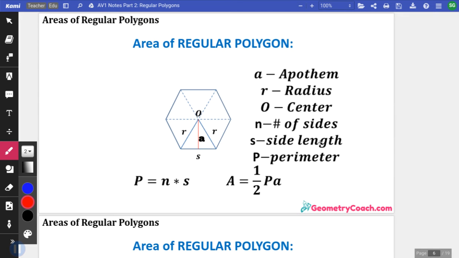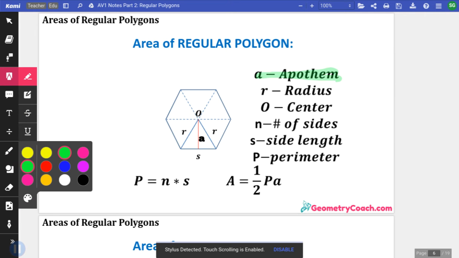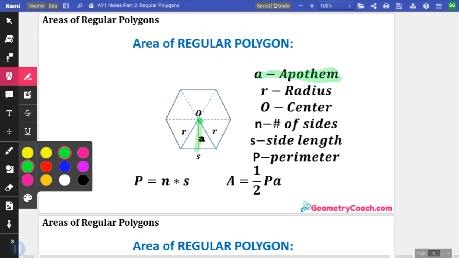Okay, so here's the image. We have apothem, this line that comes down straight. Radius, it's just like the radius of a circle.